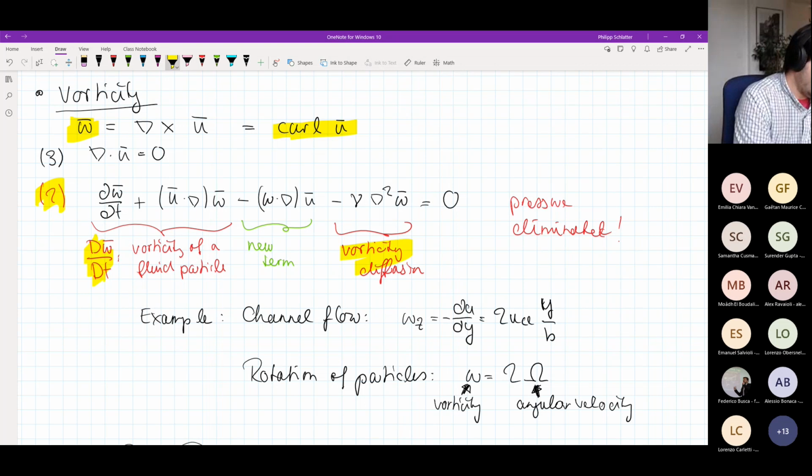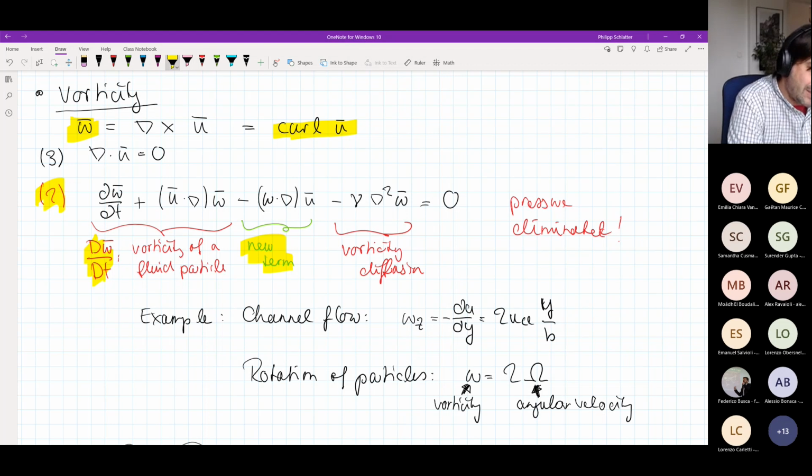Then we had the viscous term here at the other end, which is essentially the vorticity diffusion, which looks very similar to how it would look for the velocity, just the viscosity times the second derivative of the vorticity. But then we found a new term here, which we haven't really talked about, omega dot nabla times u.